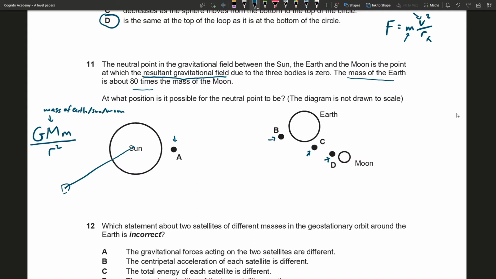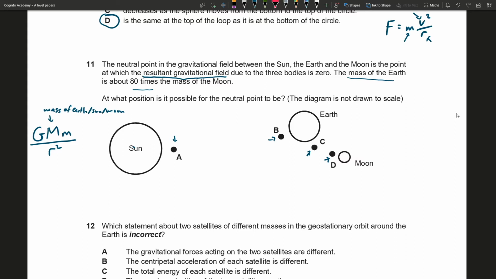So in order for the resultant gravitational field strength to be 0, we cannot have the object being too strongly attracted to any one of these bodies and just being sucked in. If not, the gravitational field strength from the other bodies cannot overcome it.